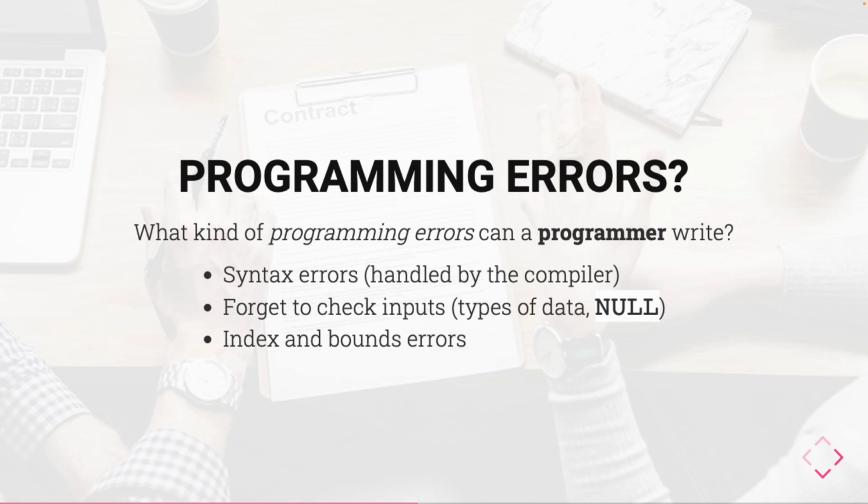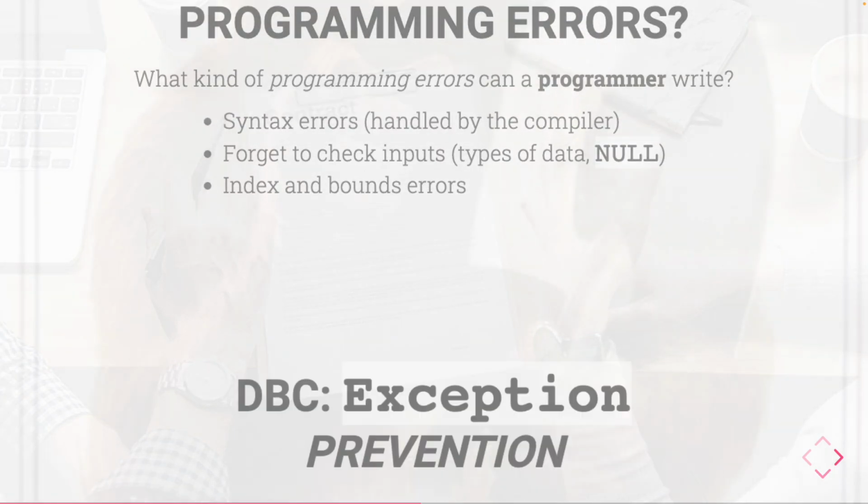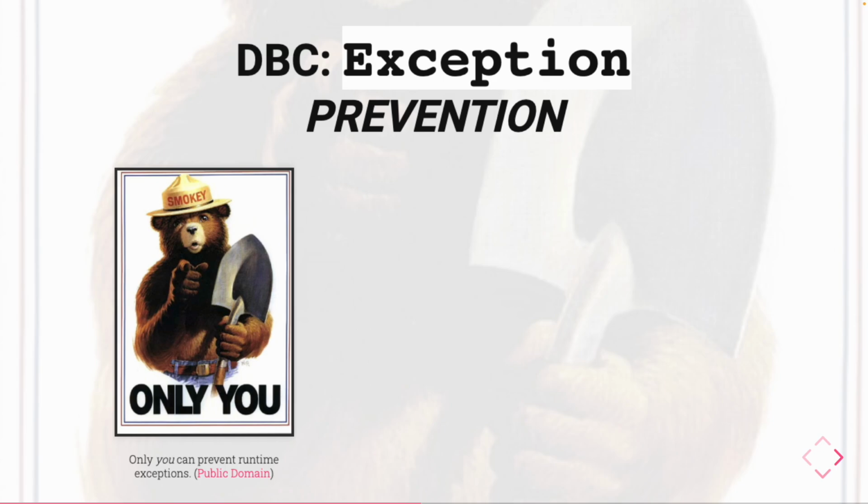Index and bounds errors, which we should be well familiar with by this point because C arrays are silly. You could think of design by contract as exception prevention. So C doesn't have exceptions.